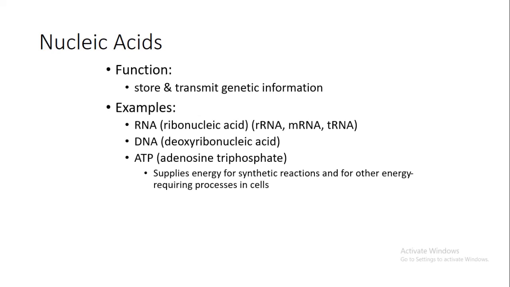As a result, we say this nucleus is not in the cytoplasm. So inside the nucleus, you have the nucleolus. So RNA is synthesized in the what? In the nucleolus.